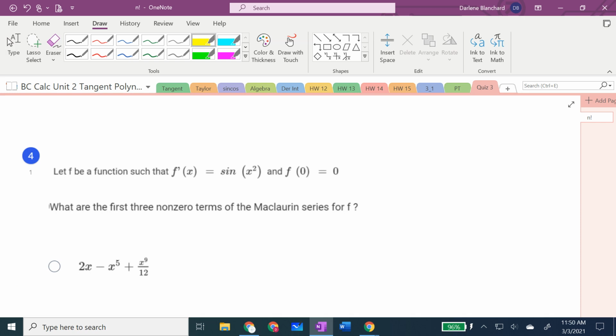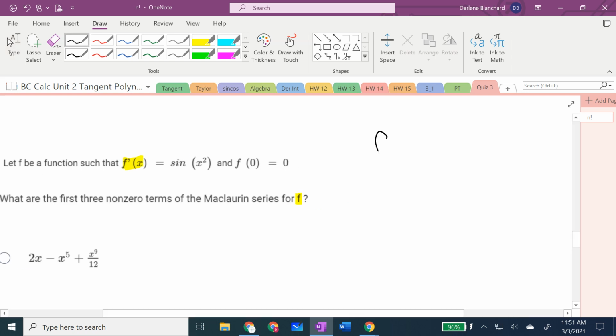We are given f prime. We want the first 3 non-zero terms for f. So we've got to think about the integral of this function. Now, we are told that f of 0 equals 0, and we need that in order to deal with the plus c issue.